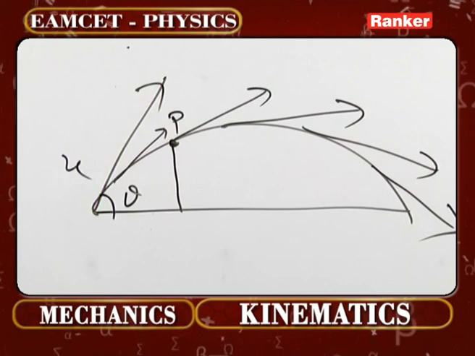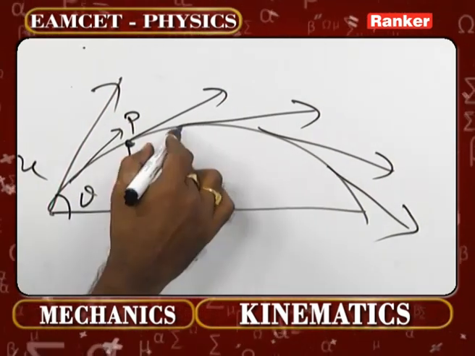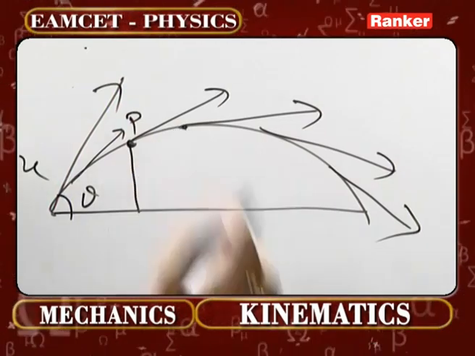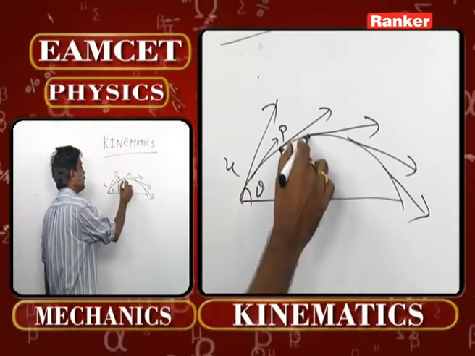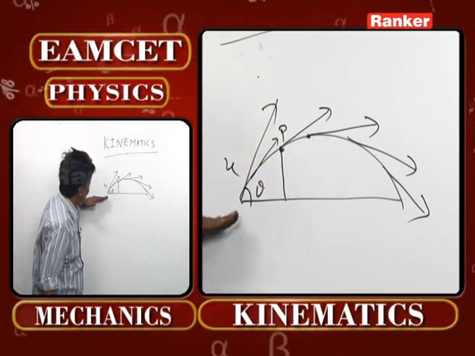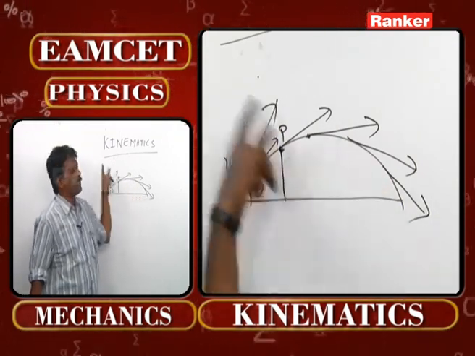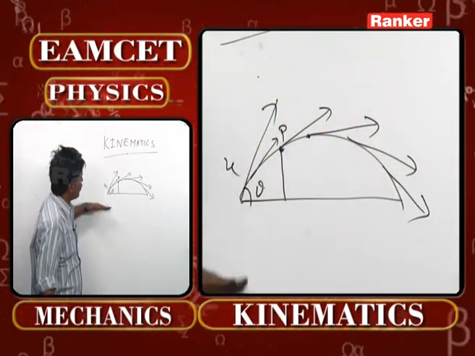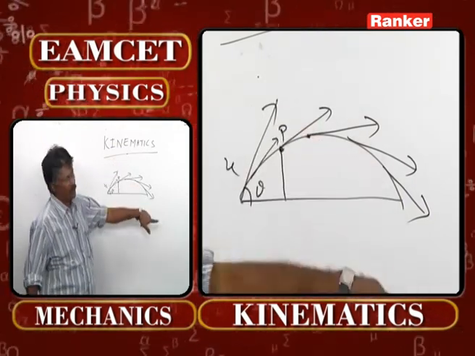Even though you projected the body with an angle theta, this angle with the horizontal keeps changing. At the highest point, in fact, the angle becomes 0. That means the projectile becomes horizontal and the angle theta becomes 0. So, the angle with which you projected does not remain constant during its path. It first decreases, becomes 0 and then increases.